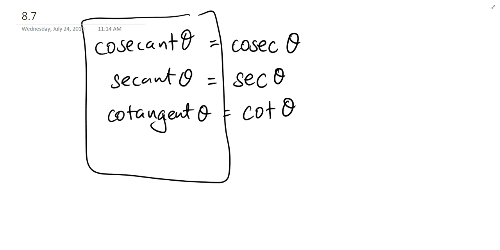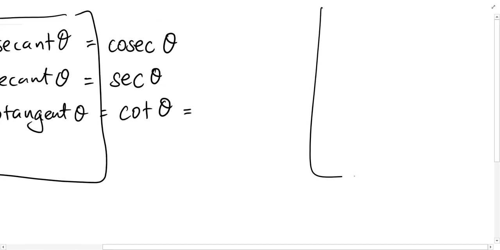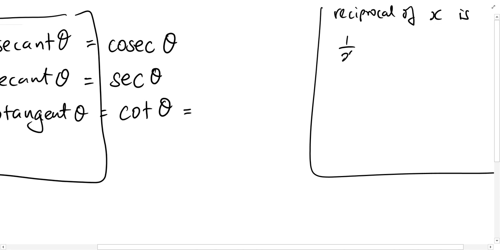Okay? So now, this is how we are going to rewrite this. Cotangent theta is simply, and listen carefully to the word I'm saying, reciprocal. Heard of it before? What does reciprocal mean? Okay, reciprocal of x is 1 over x.